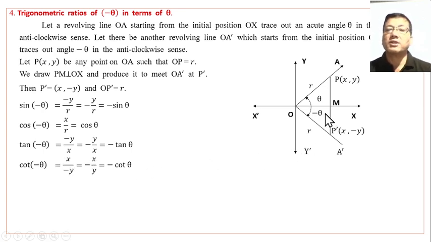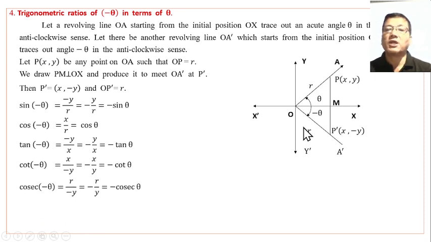Cos of minus theta. Here it is x, and y is minus y, so minus y by x. In the triangle, x by y is cot theta, so cot of minus theta is minus cot theta.